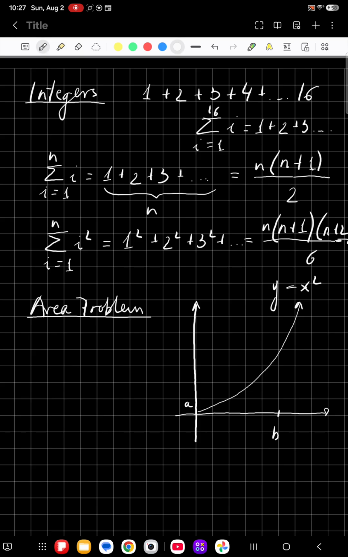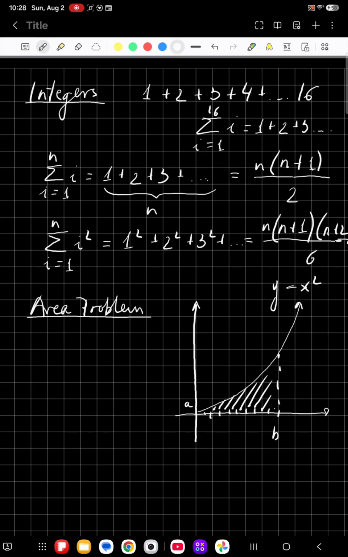Okay, so this is the area we're interested in. The more of those rectangles we have here, the more accurate the area that we calculate will be.